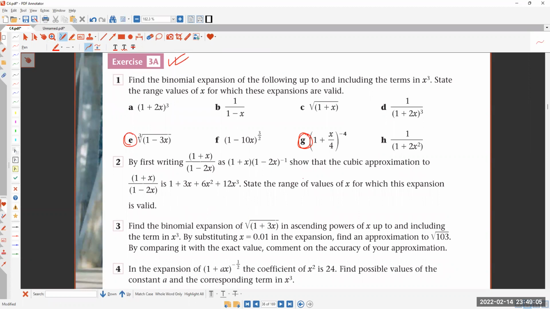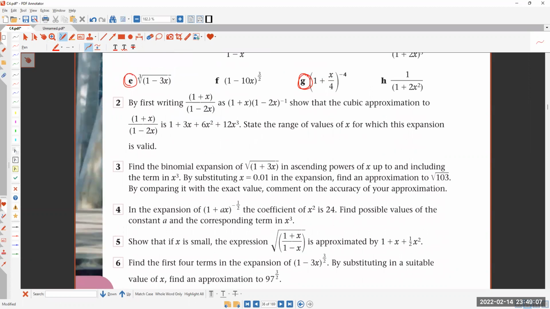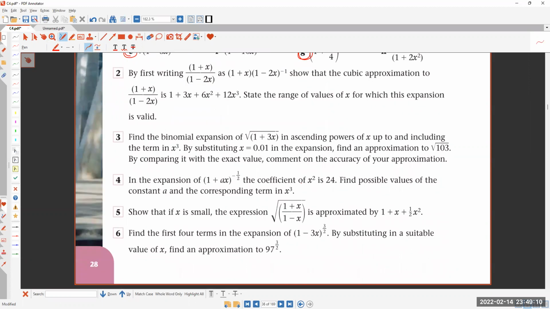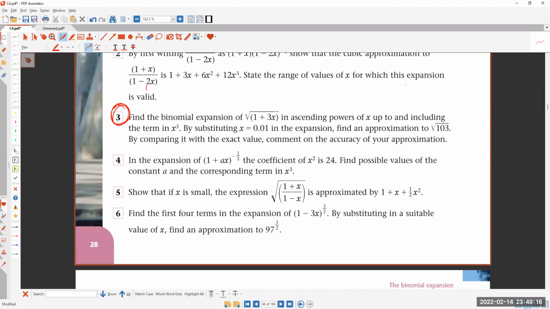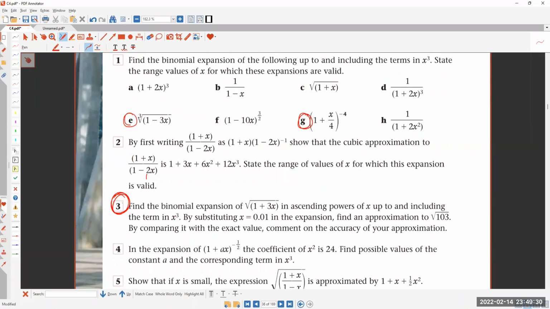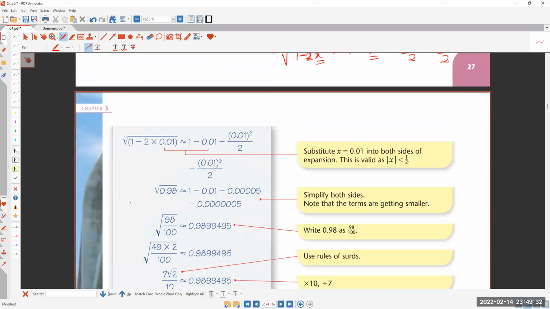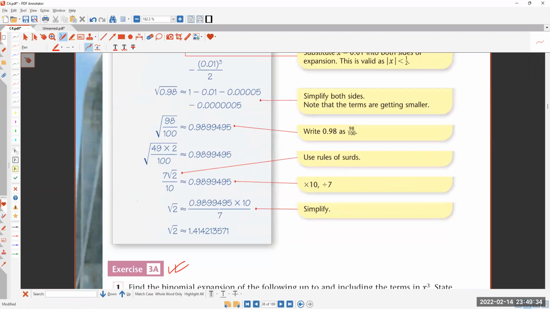Then question number 3, and question number 6, please. These three are your homework. Page number 28 of the old C4 book.